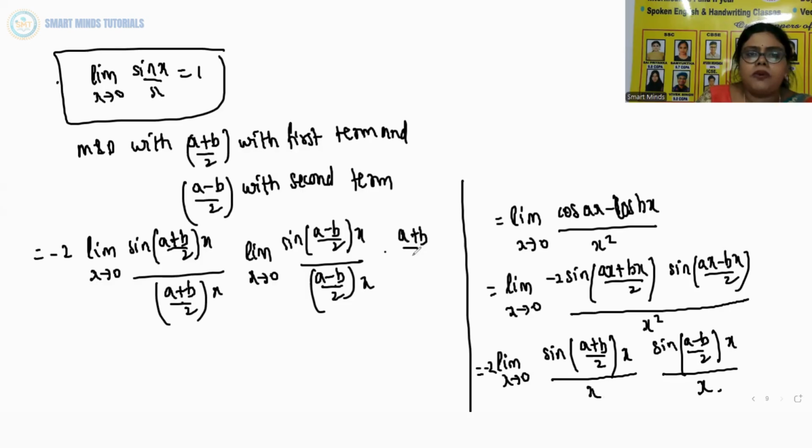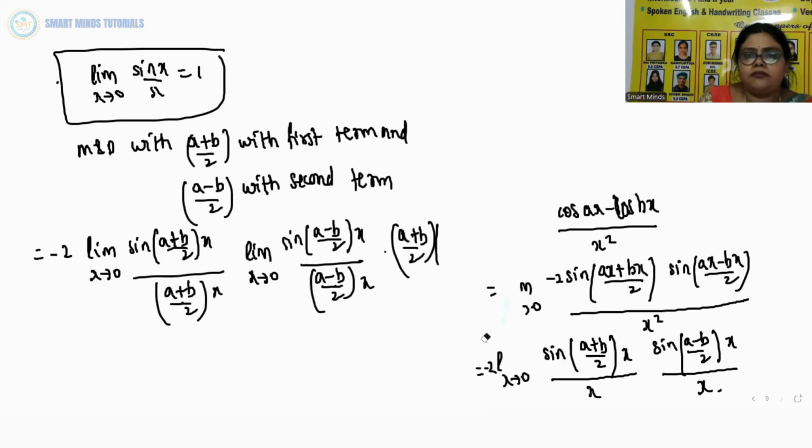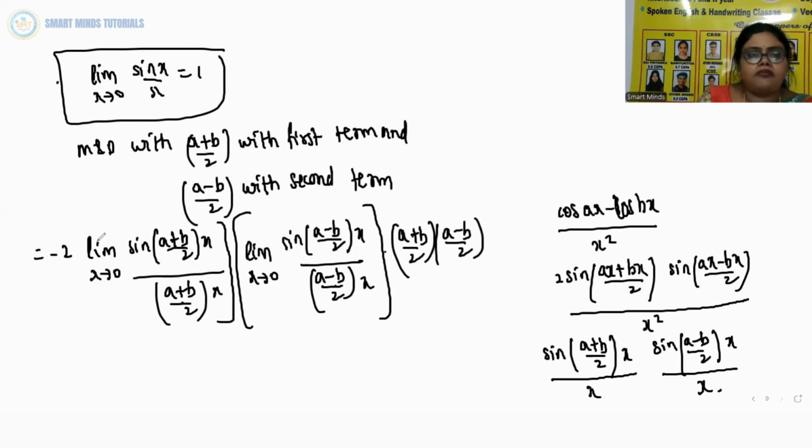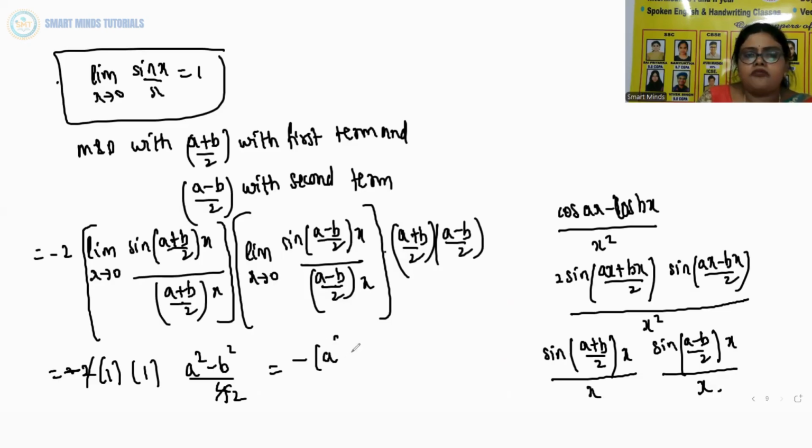So (a plus b) by 2 into (a minus b) by 2. Now this part will become 1 and this part will become 1. So that is minus 2 into 1 into 1, and this is a square minus b square by 4. Now 2 ones are 2, 2 twos are 4. That is minus of (a square minus b square) by 2, which is equal to (b square minus a square) by 2.